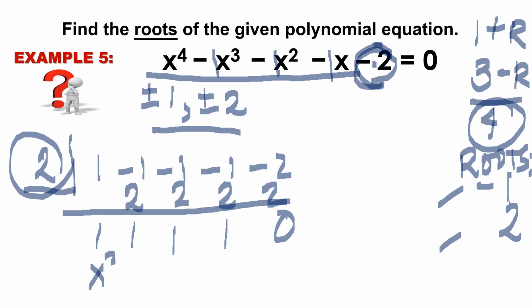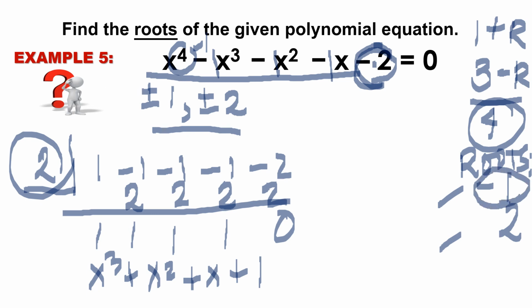This will become x cubed. Remember, this is 4 minus 1, so it becomes x cubed here, plus x squared plus x plus 1. Now, let us use this to come up with another depressed equation by dividing this by -1.